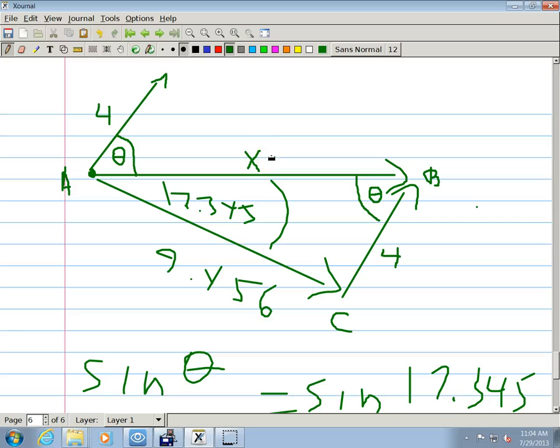Law of cosines. X squared is 4 squared plus this thing squared minus 2 times 4 times this times the cosine of this angle. How would you get this angle? Subtract, right. So subtract the 17.344 and the 44.811 from 180, and you could do that. But I spent way too long on this, so I'm going to move on.